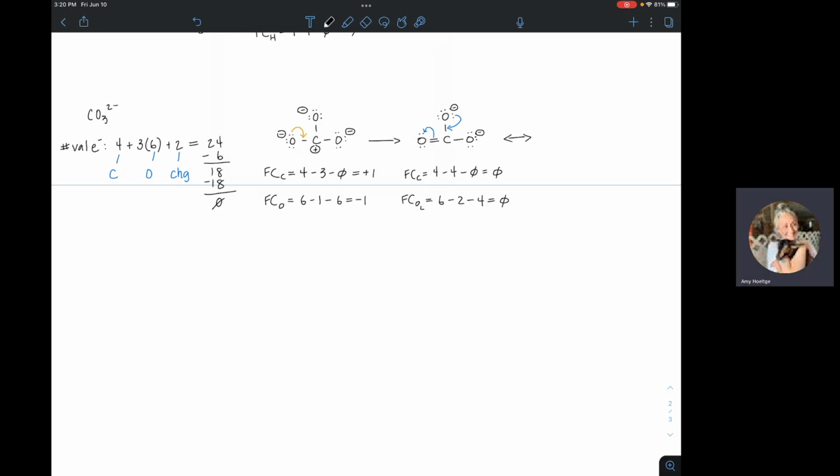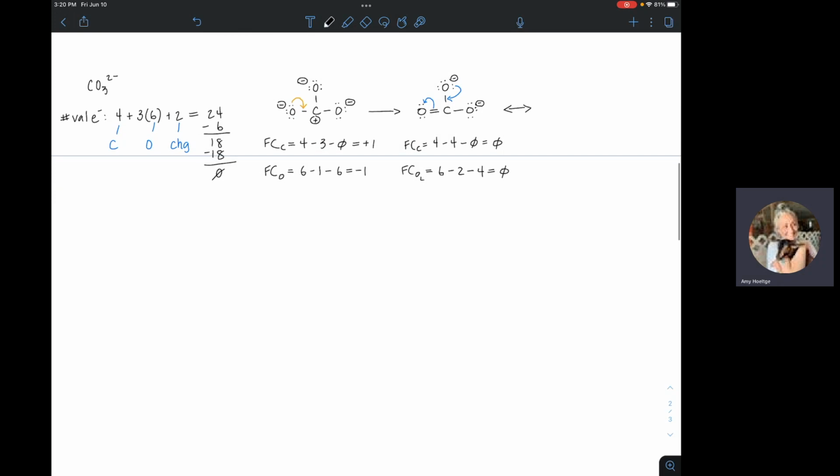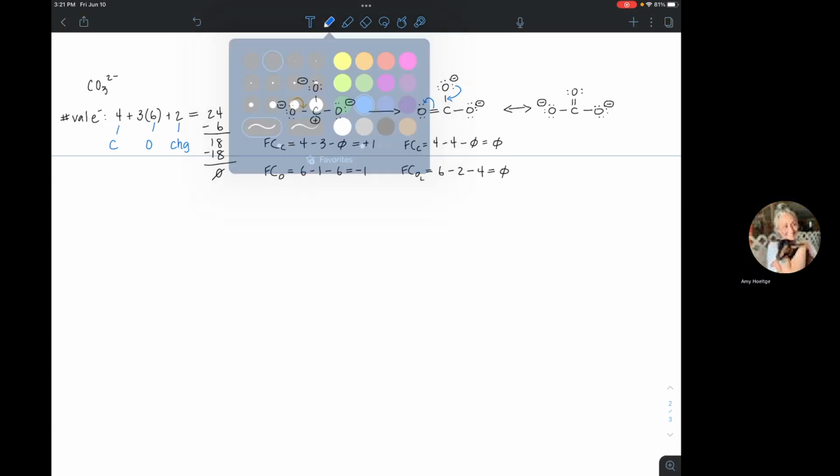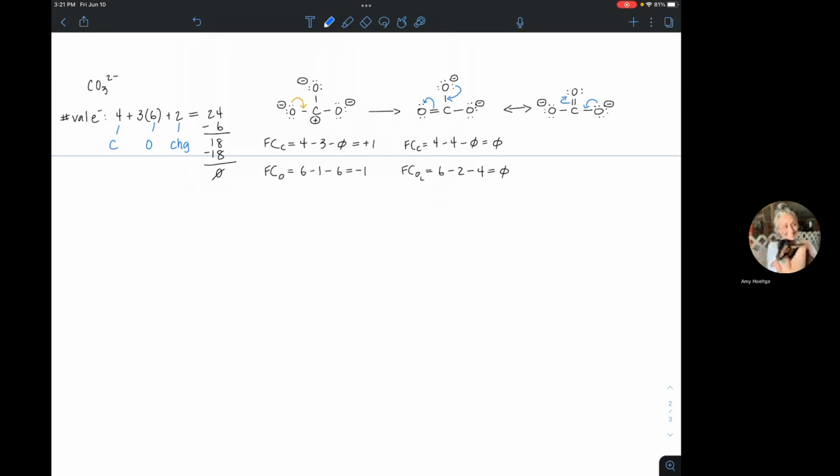This is a special arrow here. All we're doing is moving the electron density around. The overall net charge on the species will be the same. And if I can do that, then I can do this, and I get another resonance structure.